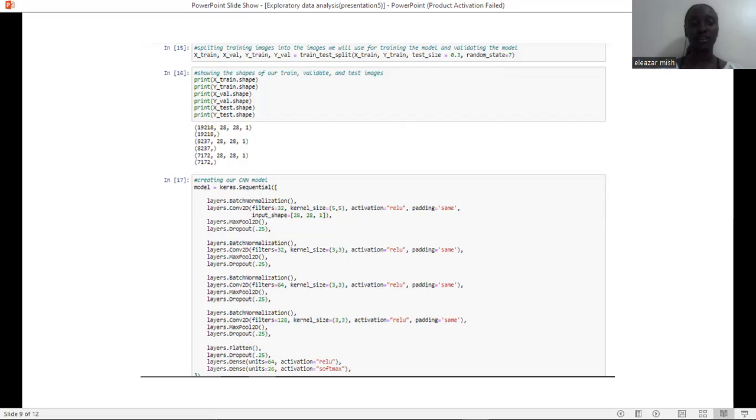So the remaining 70% is the training data. Then these are the different shapes, summarizing the different columns and rows that are in the above data.